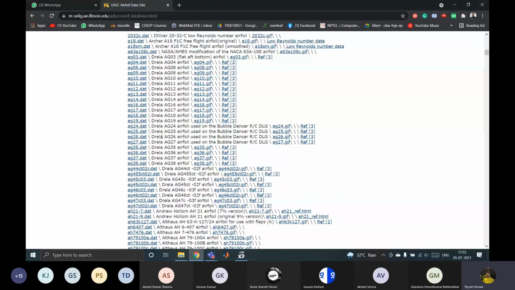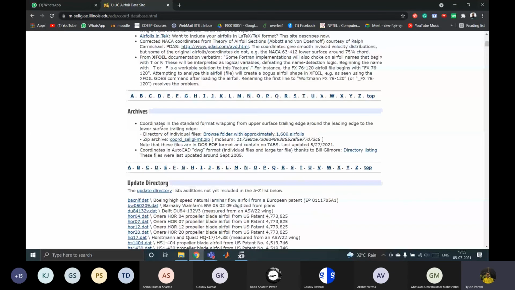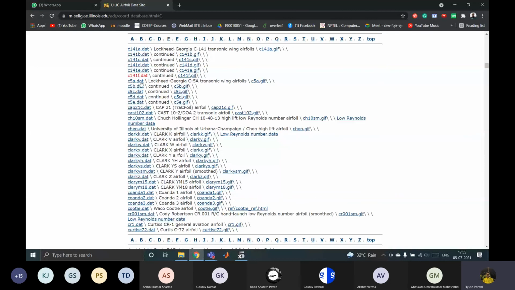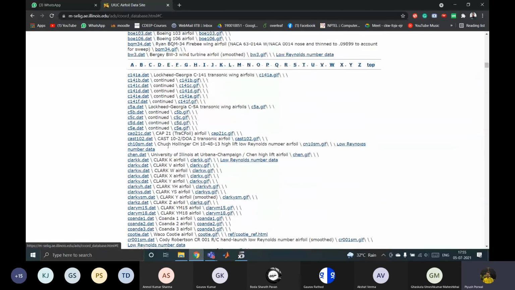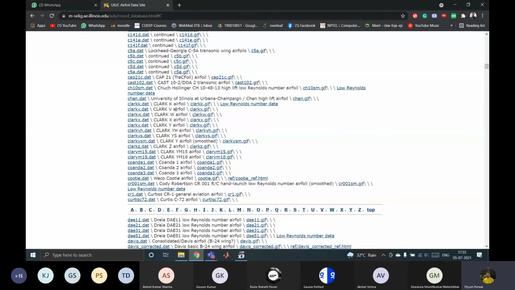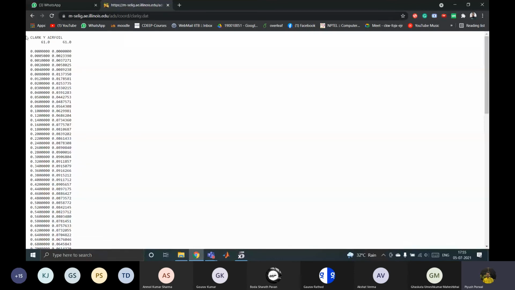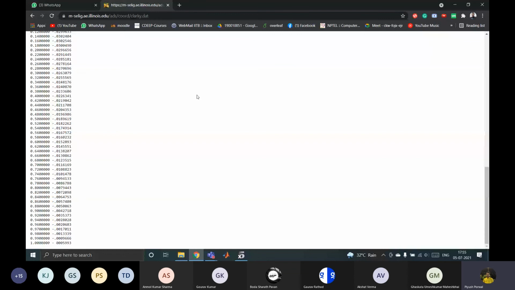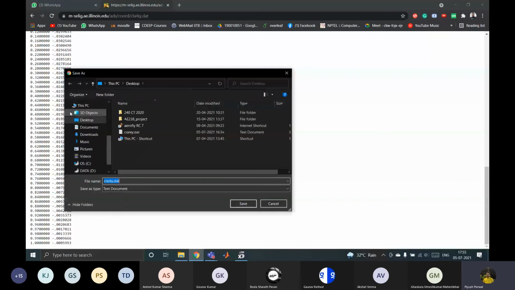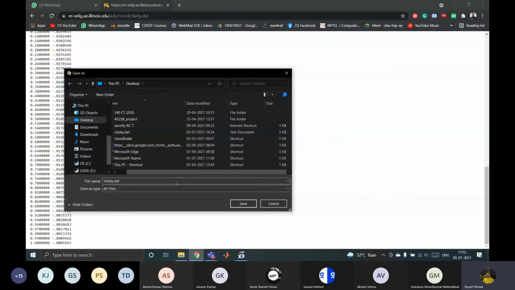Let's suppose we select the Clark-Y airfoil, which is generally used in RC planes. Here is the clarky.dat file. You just have to download this file with Control S, which will show you options. Select all files here and save it.